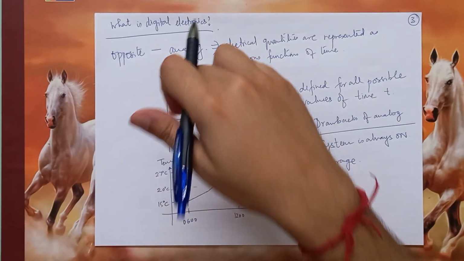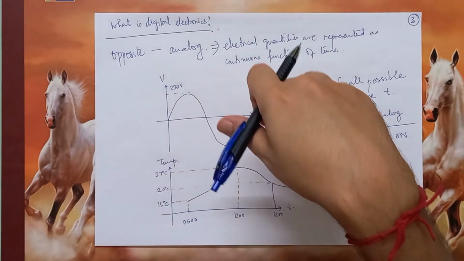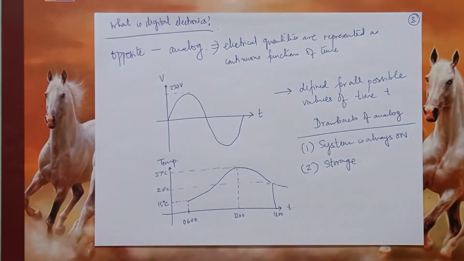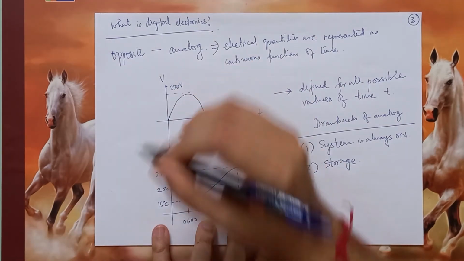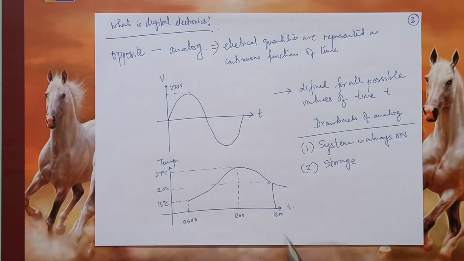If I want to know the data of the voltage as a function of time for various time instants, then that task becomes extremely difficult, because I have to get the data at each and every possible instant of time, which is just not possible. Between any 2 points on this graph, there exists an infinite number of points. So therefore, storage of analog quantities becomes extremely difficult.